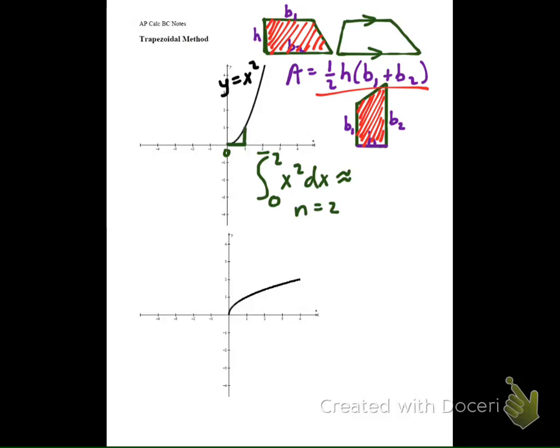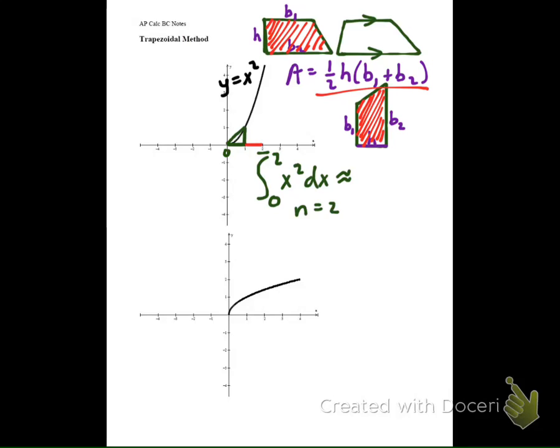Then we draw a line segment that connects the ends. That's our first trapezoid, but in fact this one happens to be a triangle. That's okay. Sometimes our trapezoids, when using a trapezoidal approximation, turn out to be triangles.